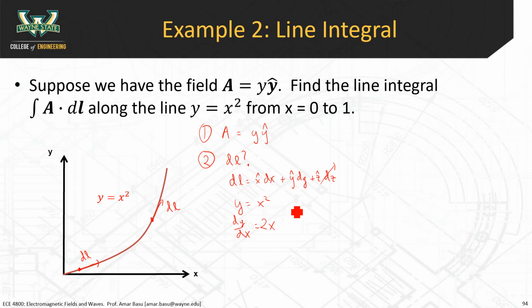From here we can say that dy is equal to 2x dx. I'll show you why that's important in just a second. All we've done is look at our function that defines the line and take the derivative of it, so now we have a relationship between dy and dx.